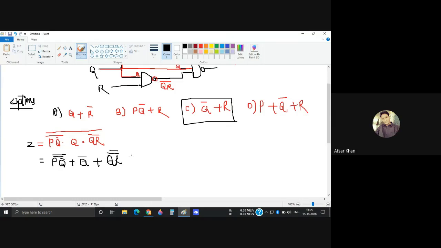Only PQ bar remains, plus Q bar, plus Q into R only.